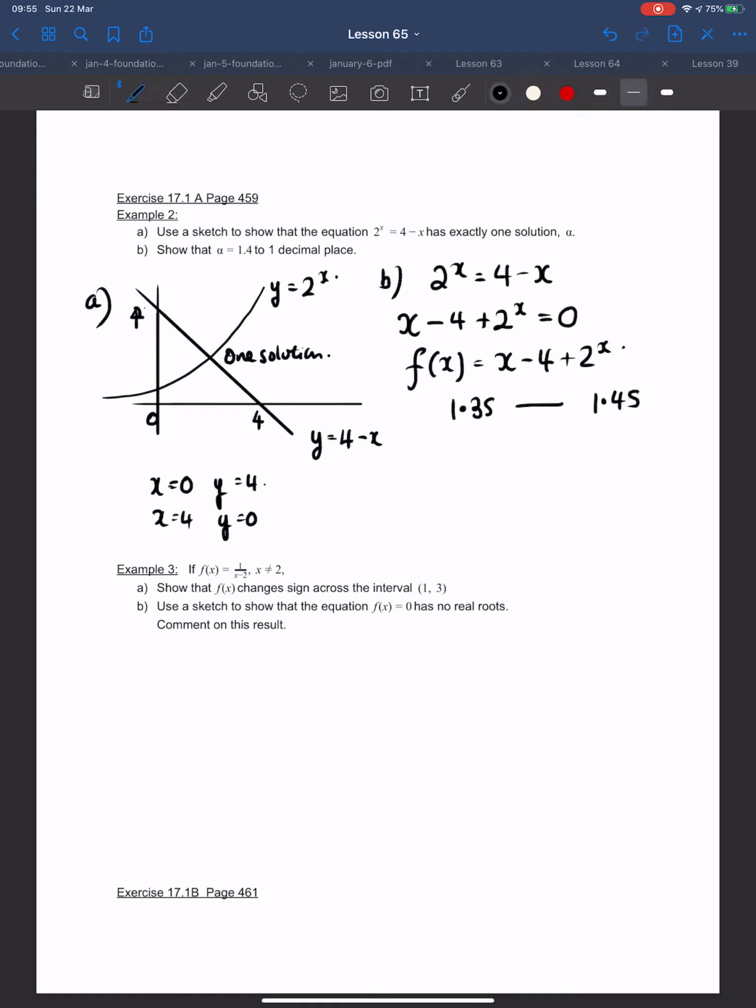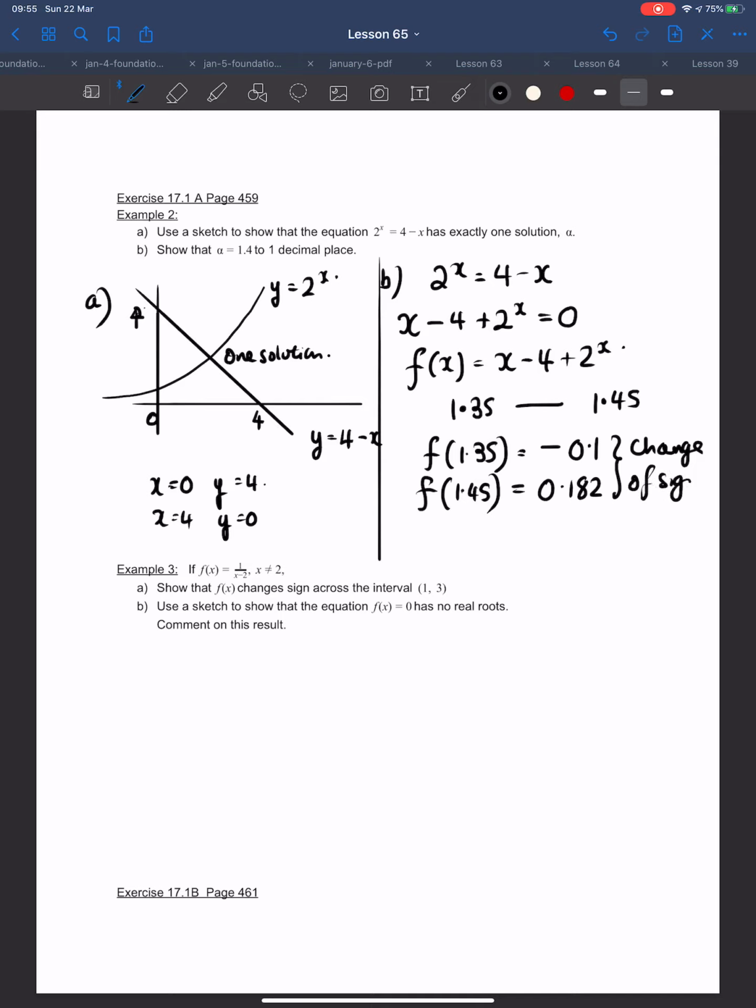This is part B. Let me just put a line here because it's sort of overlapping a bit now. Getting a bit messy. There we are. Right, f of 1.35. Run that through your calculator and it's minus 0.1. f of 1.45 is 0.182. So there's a change of sign, which is what we're looking for.